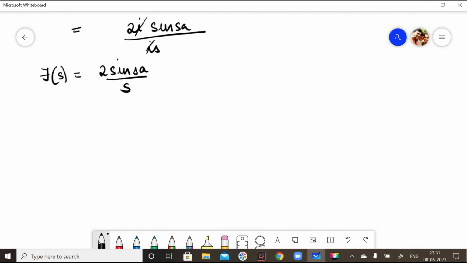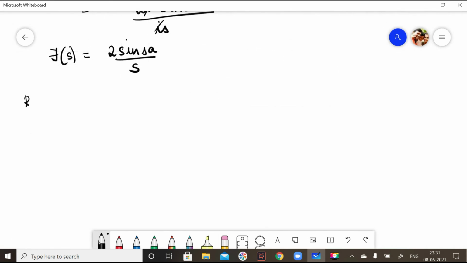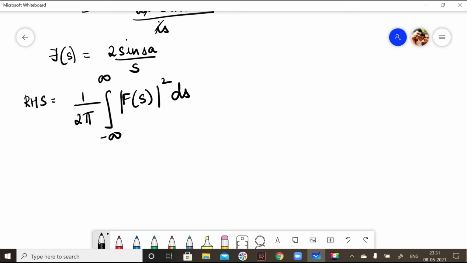So what is my RHS? My RHS is 1 by 2 pi integral minus infinity to infinity f of s the whole square ds. Is there any limit specified for f of s? No, so the limit will be minus infinity to infinity throughout because no limit is specified for f of s. Only for f of x, the limit is specified. So 1 by 2 pi integral minus infinity to infinity.